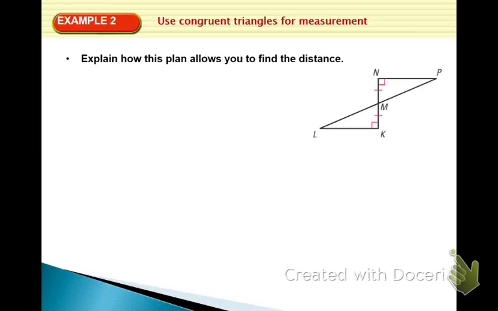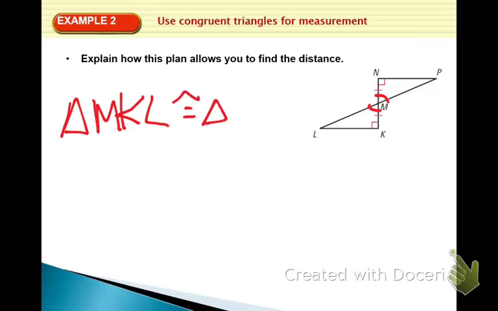Yeah. The vertical angles, right. I could mark these two angles congruent. Right? So then we could say triangle MKL is congruent to triangle MNP by which congruent shortcut?